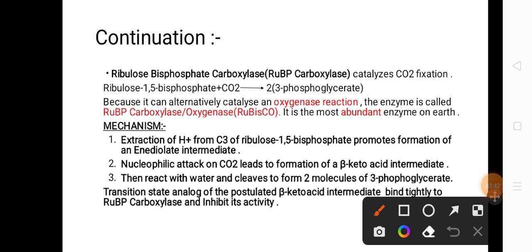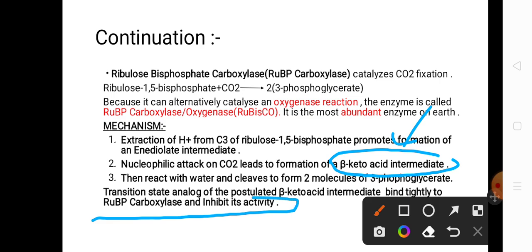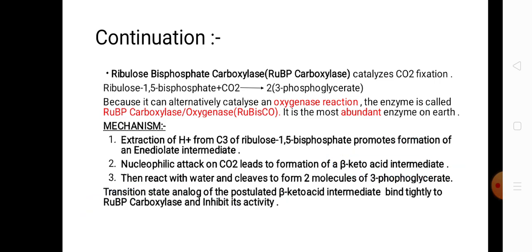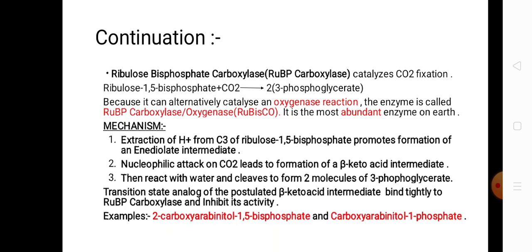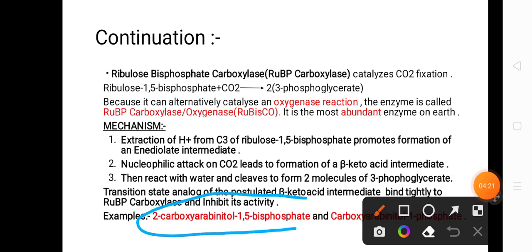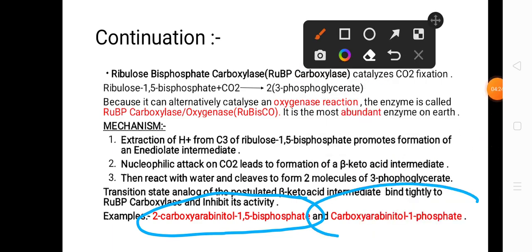Before that, remember that in this reaction mechanism there is an intermediate named the beta keto acid intermediate, and there are several other types of molecules that look like this beta keto acid intermediate and thereby act as transition state analogs. Those molecules have the ability to inhibit RUBP carboxylase activity. So we should learn and remember examples of those molecules: 2-carboxyarabinitol 1,5-bisphosphate and carboxyarabinitol 1-phosphate.